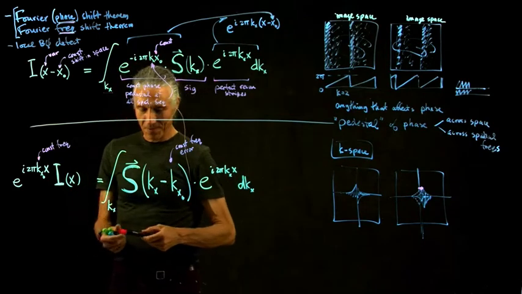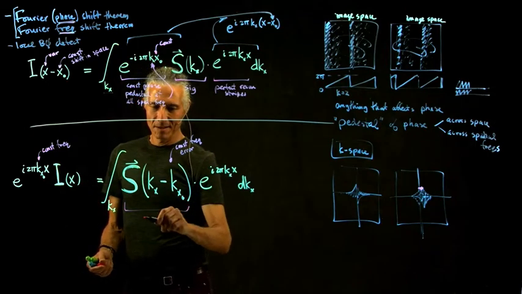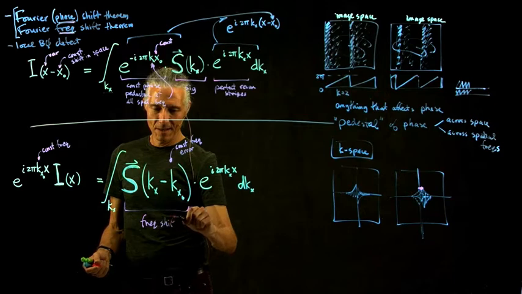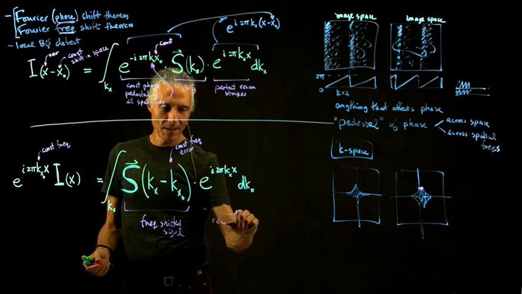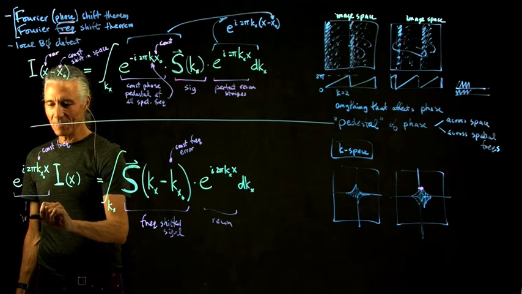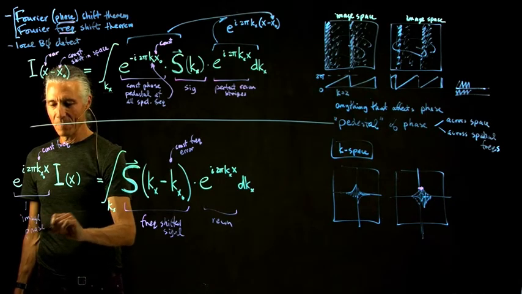What does it do? So this is our frequency shifted signal. This is our recon. And this is an image phase shift. Now remember, we're throwing that out typically.